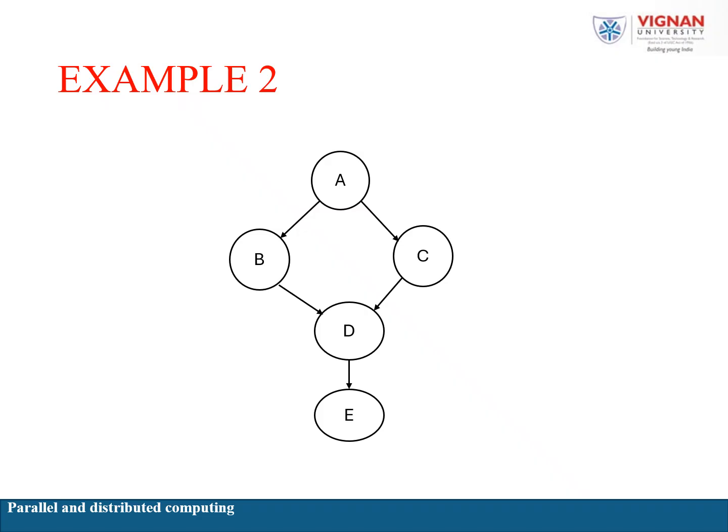Task E cannot start until D finishes, making D part of the critical path. This flowchart clearly shows which tasks can be done in parallel and which ones must wait for others to finish. It helps us visualize the structure of execution in parallel and distributed computing systems.